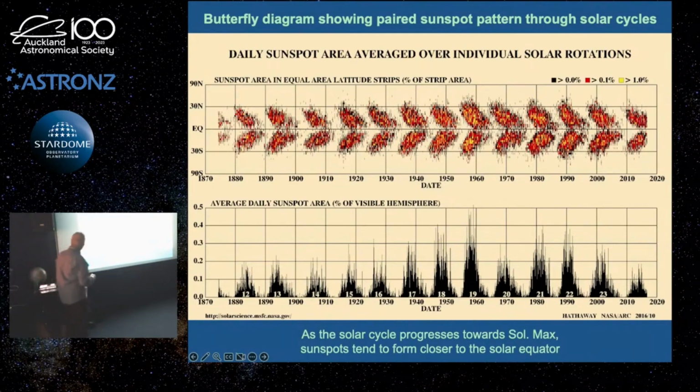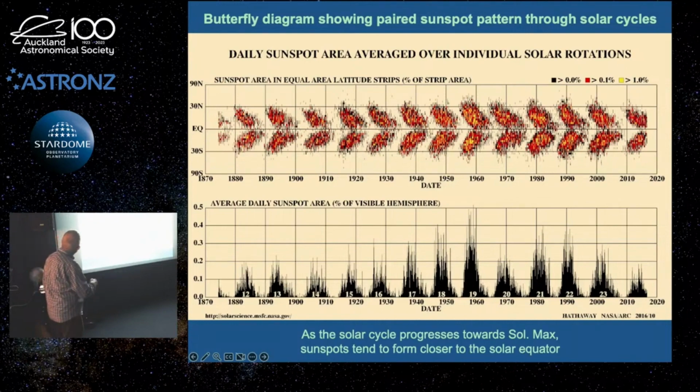The bottom line is that this is a famous diagram called the butterfly diagram. As the sun goes from solar minimum through to solar maximum, sunspots tend to start popping up and moving more and more to equatorial latitudes. And you can see it here. They've plotted the latitudes, from the equator up to the poles, against the number of sunspots with each year.